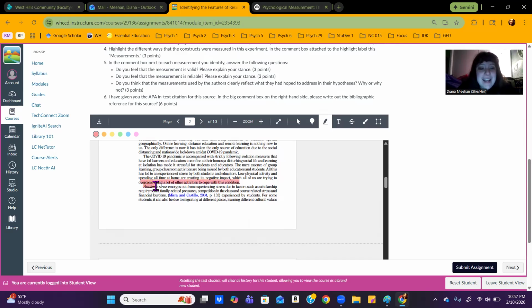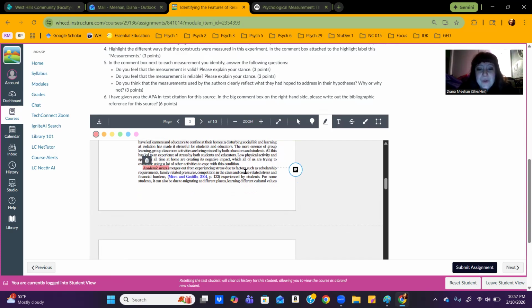If you highlighted academic stress, not as a coping strategy, but as a construct, academic stress emerges out of experiencing stress due to factors in scholarship requirements. If you identified this as a construct and this as part of the operational definition, you'll get that point for sure because it's labeling and defining it here.